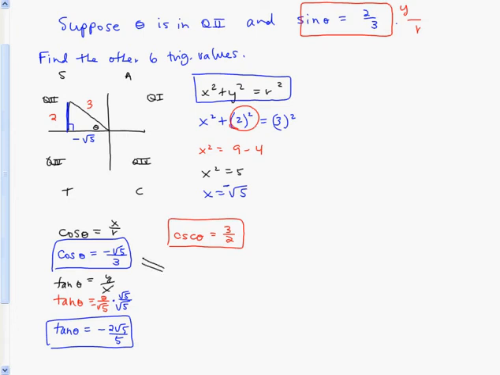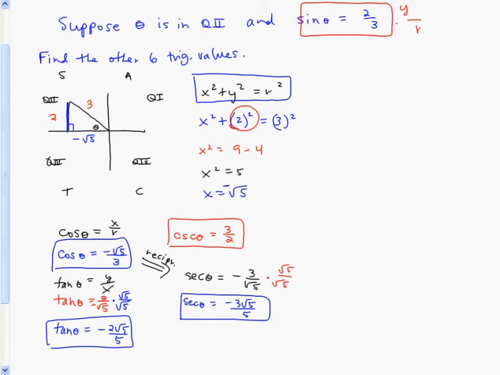If cosine is negative square root of 5 over 3, by the reciprocal function, then secant of theta would be negative 3 over the square root of 5, which we would have to rationalize. So secant of theta would be negative 3 square root of 5 over 5.